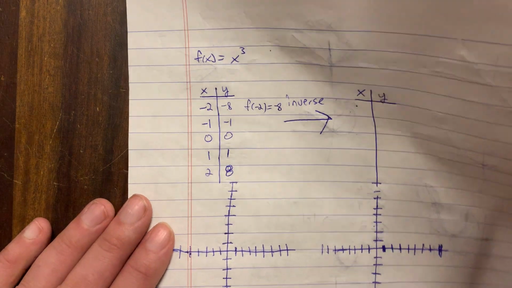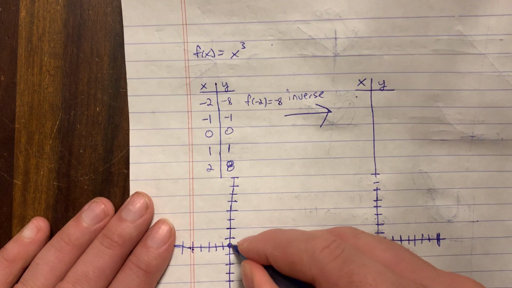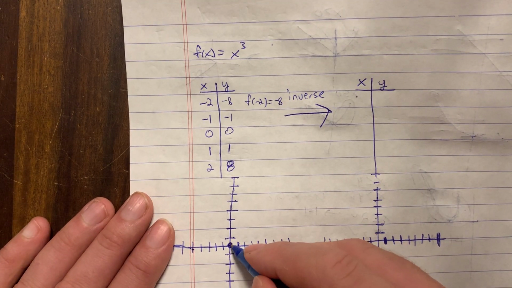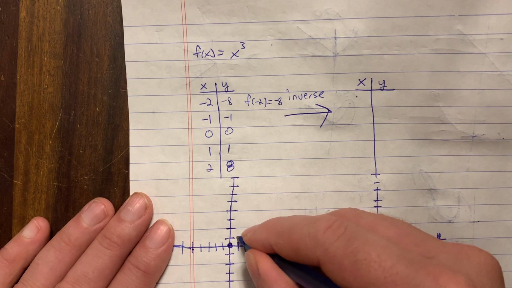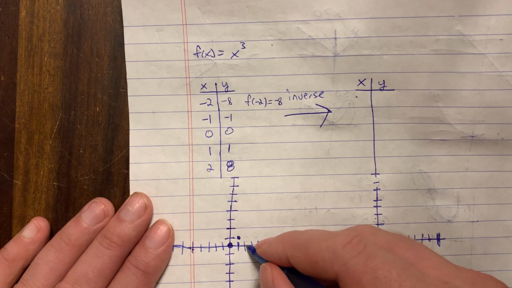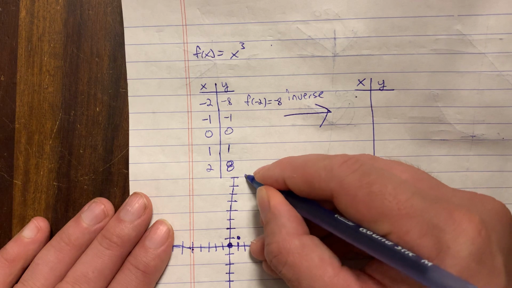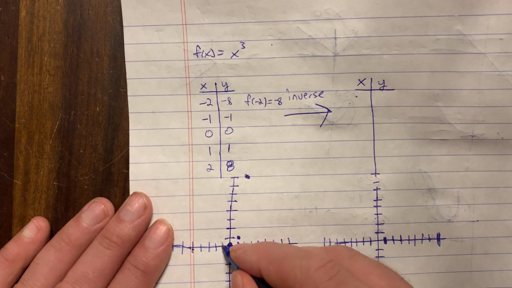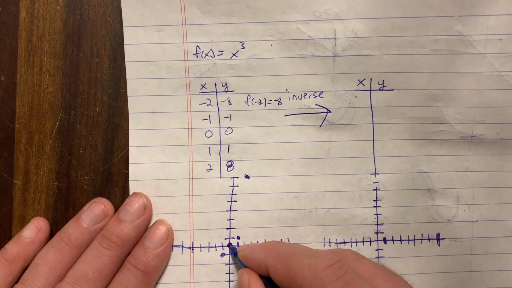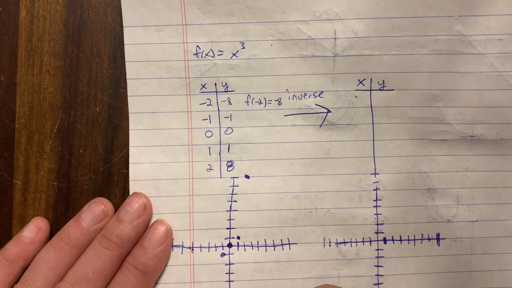And the graph we got earlier in the year is that we've got this point at (0, 0), a point at (1, 1), a point at (2, 8), a point at (-1, -1), (-2, -8).